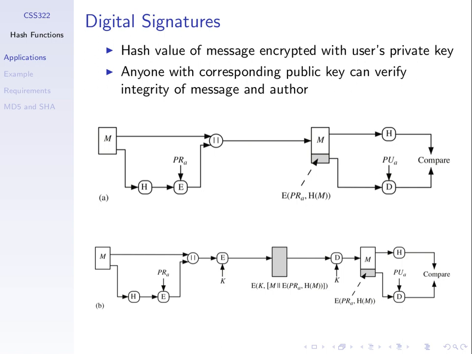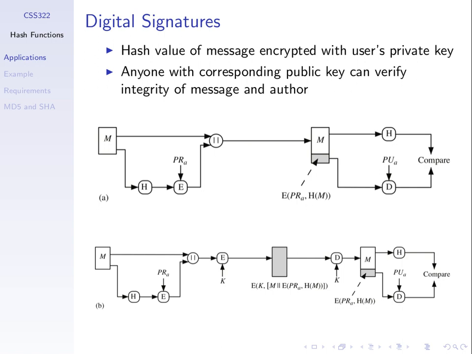We see here we have a message. We take a hash of the message, encrypt the hash value with the private key of user A, concatenate the message and the encrypted hash value, and send it.